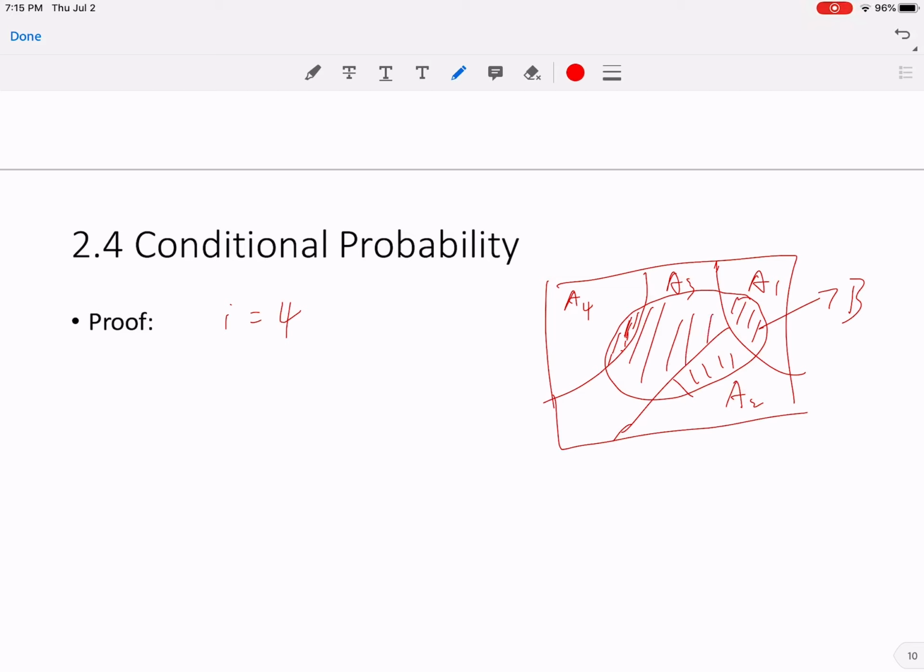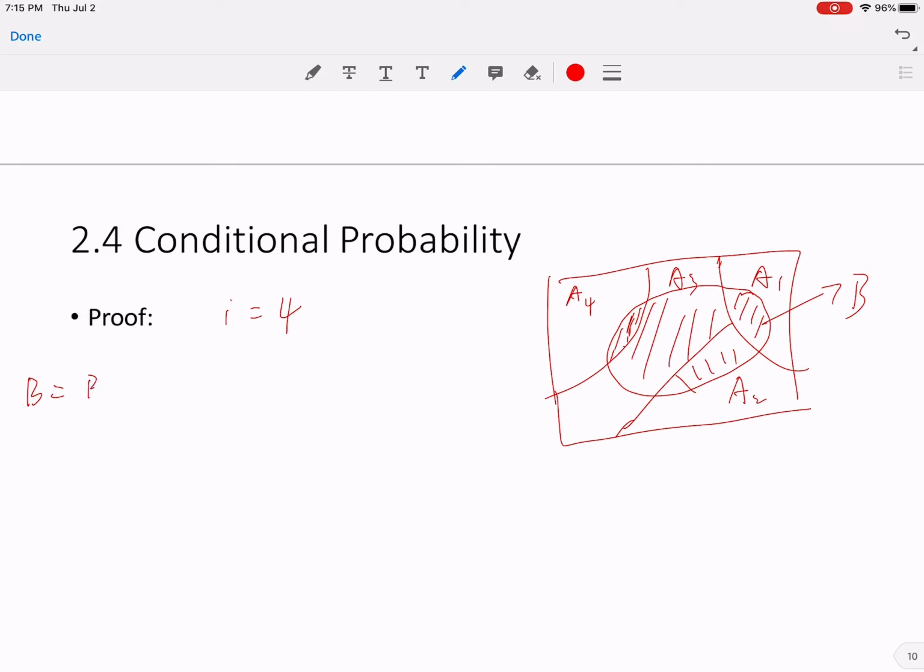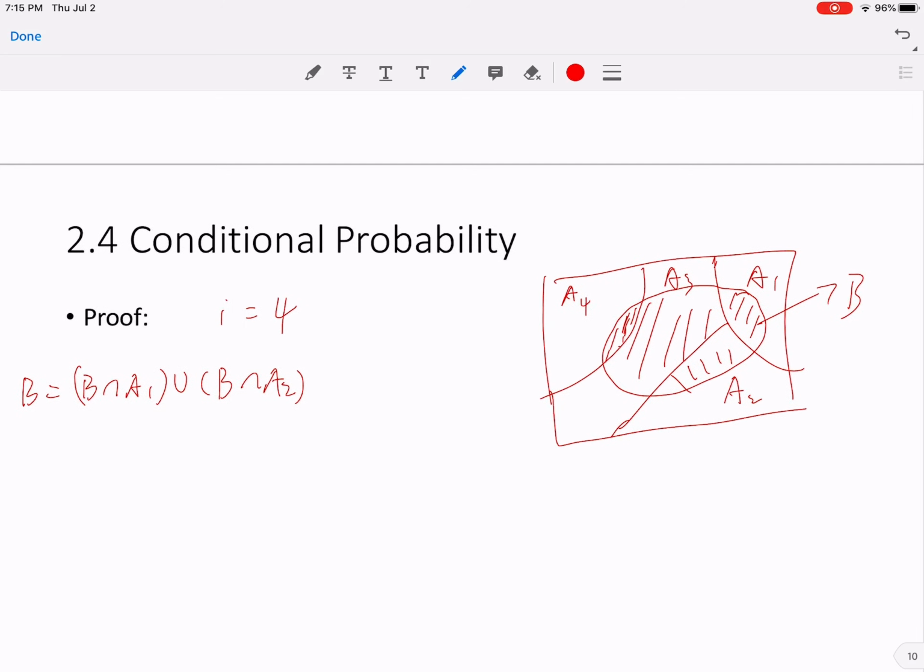So in other words, B is equal to B intersection A1 union B intersection A2 union B intersection A3, and then union B intersection A4. So the whole B here is the union of those 4 shaded areas.